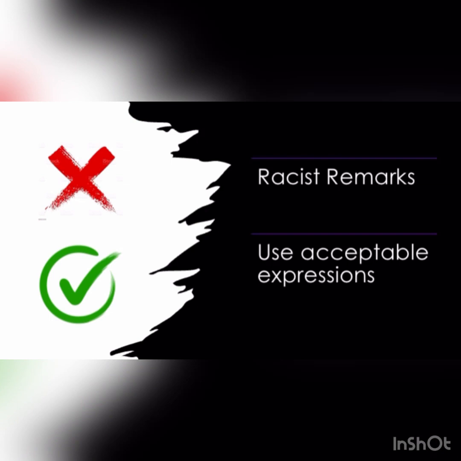You can't say deaf and dumb. You can say differently abled. So all these things you have to use acceptable expressions. Or rather than using gypsy, or rather than using Yankee, Madrasi, you can say indigenous people. So we can use some acceptable expressions, but don't use racist remarks.